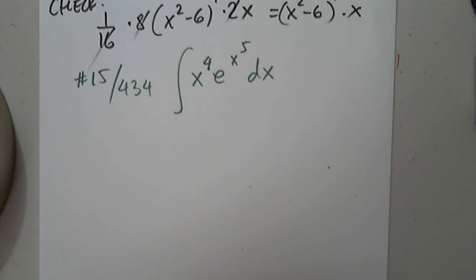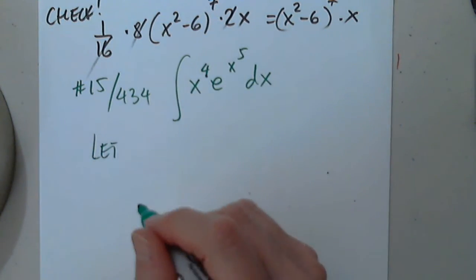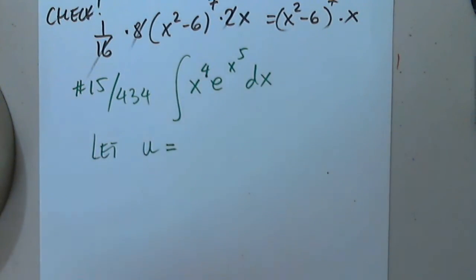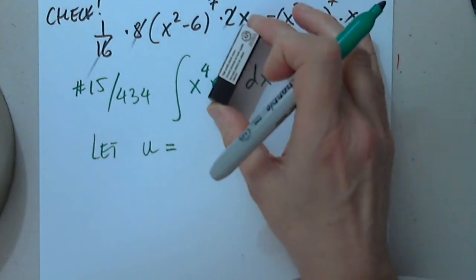What bothers you here? And that will be our starting point. Any idea what bothers us here? Again, it's a product: x to the 4th times e to a power.